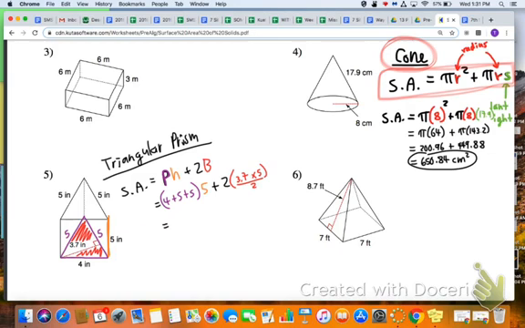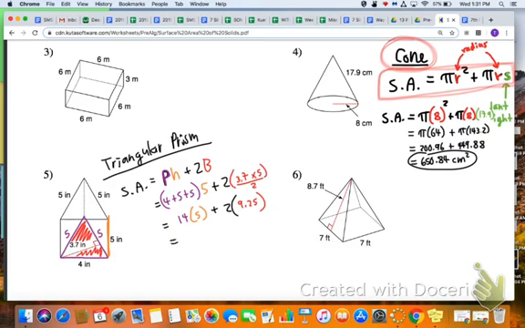So 4 plus 5 plus 5 is 14. 14 times 5, that'll be that first part. And in the back, it's going to be 3.7 times 5 divided by 2. So 3.7 times 5 divided by 2 will be 9.25. Okay.